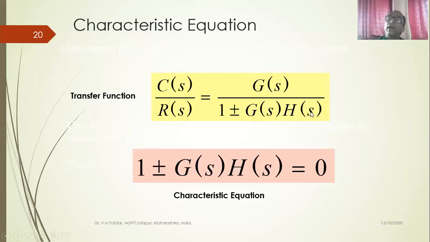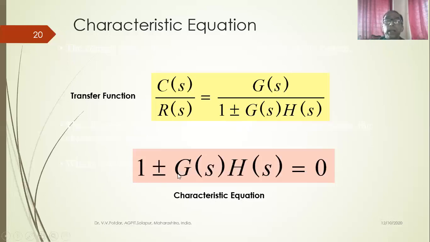When I put it in the block diagram and simplify it, I'll get the transfer function. This is the representative symbolic forward block element transfer function, and this H(s) corresponds to the feedback element transfer function. When we actually solve the problem, I'll have maybe s plus 1 divided by 1 plus or minus (s plus 1) into (s minus 2). When I equate this denominator to 0, that becomes the characteristic equation, as I said.